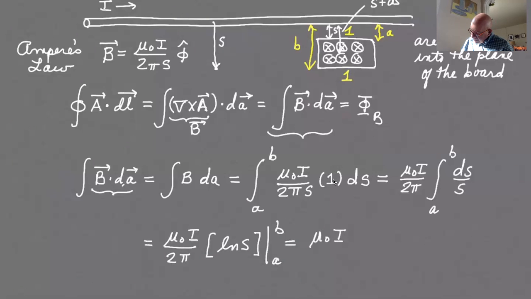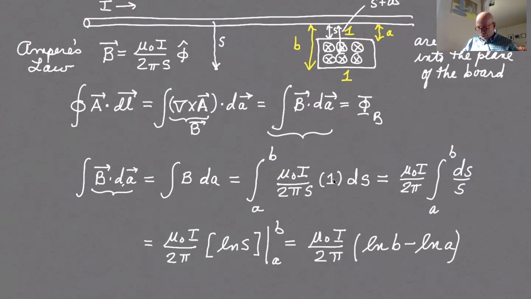mu 0 times I over 2 pi. This is going to be the natural log of b minus the natural log of a. I can write that as a quotient, but I'm going to leave it this way, and you'll see why in a minute. All right.